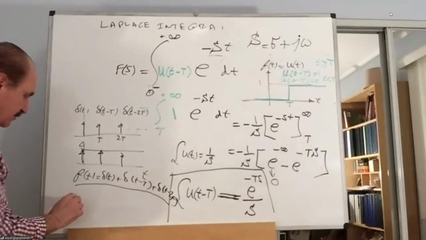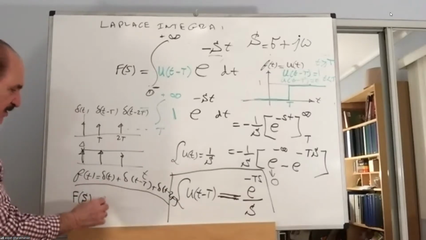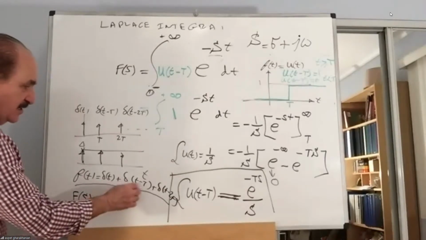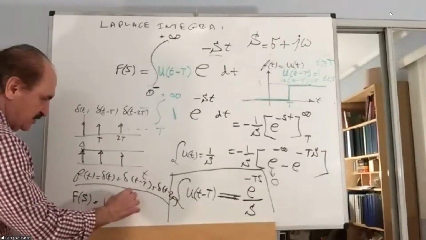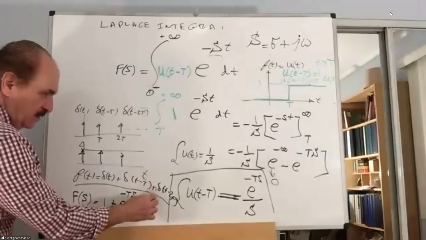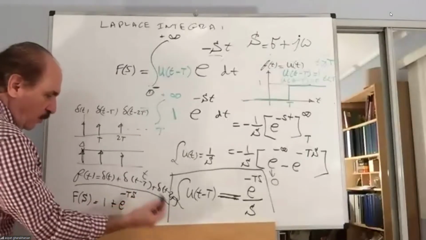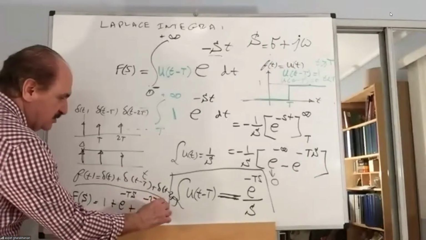This is how to do it. Your F(s) will be equal to: delta(t) would be 1. Delta(t minus T) would be 1 times e to the power minus Ts. Delta(t minus 2T) would be 1, that's the Laplace of delta, multiplied by e to the power minus 2Ts.